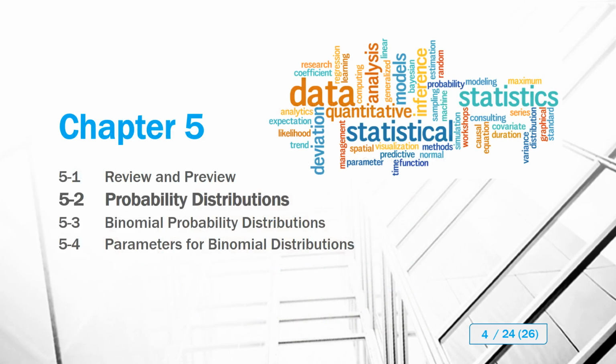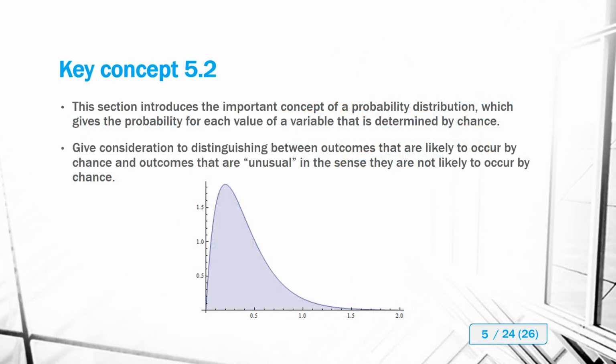Probability distributions are what the next section is about. So let's dive in. The key concept here is the probability distribution, which gives a probability for each value of a variable that's determined by chance. In essence, a probability distribution is just a frequency distribution, but instead of recording counts or relative percentages, we're going to be recording probabilities for each x value along our x-axis.